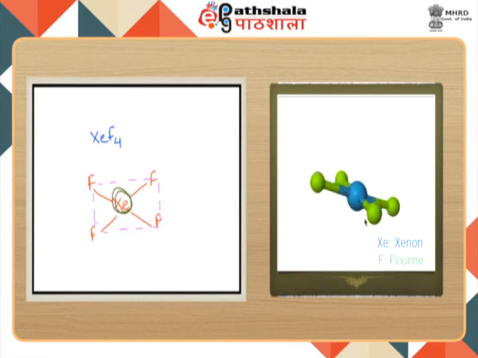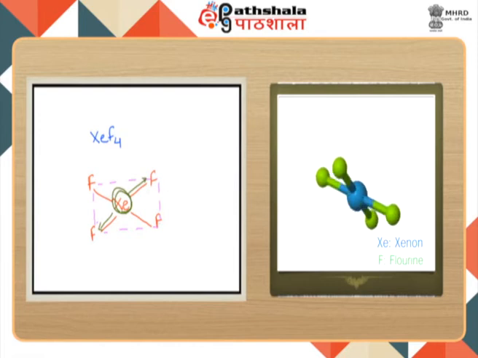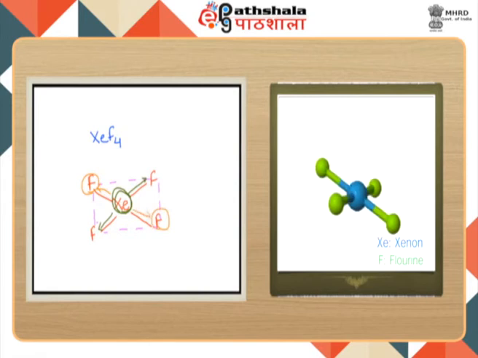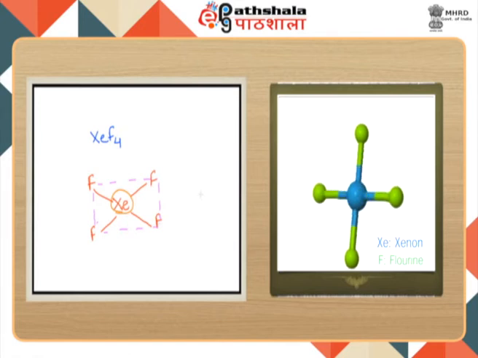Now again you can see that through this center of symmetry, if you move this side you have a fluorine atom, if you move this side you again have a fluorine atom. Similarly, these two fluorine atoms, that is this one and this one, are also symmetrically placed. So you can clearly see in this particular case the xenon is the center of symmetry.